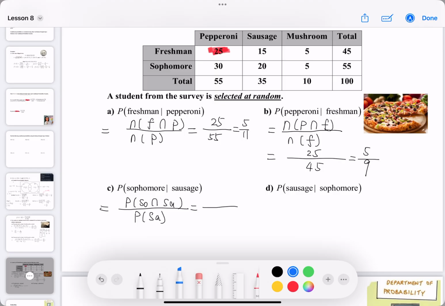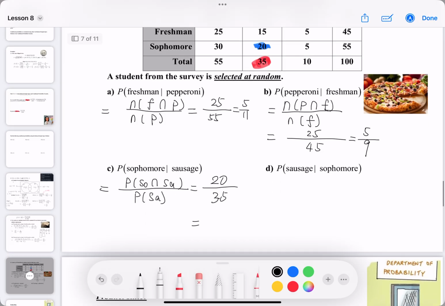So the overlapped section. Sophomore and sausage, 20. Let's put 20 on the top. And P of sausage. So P of sausage is 35. They are all divisible by 5. Divided by 5. 4 over 7.